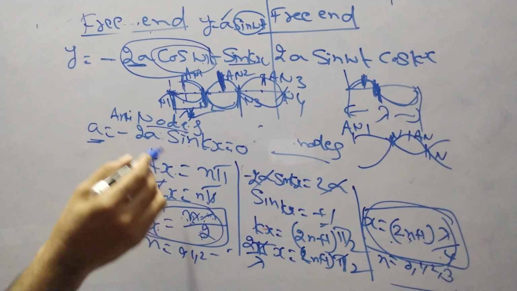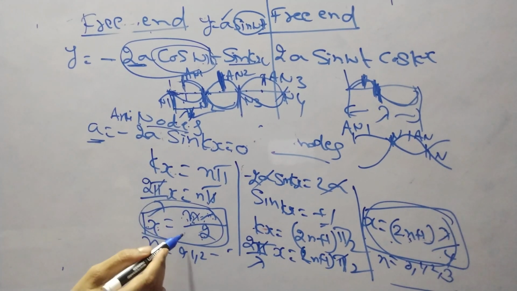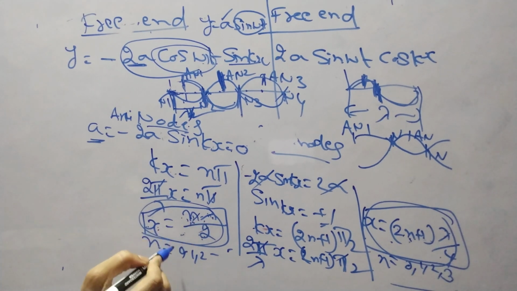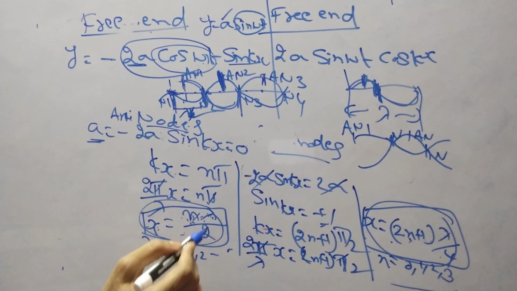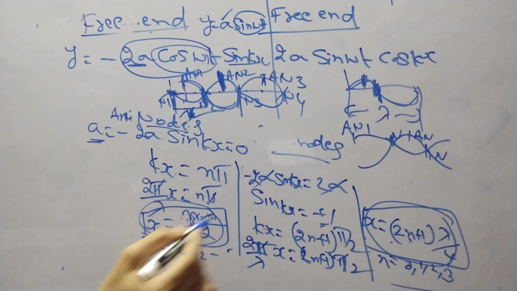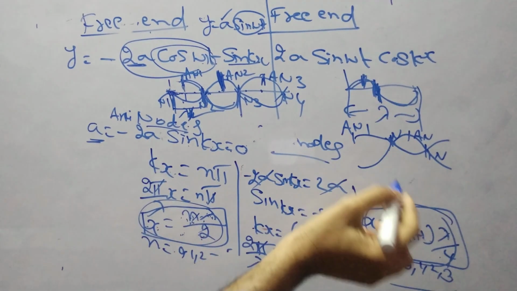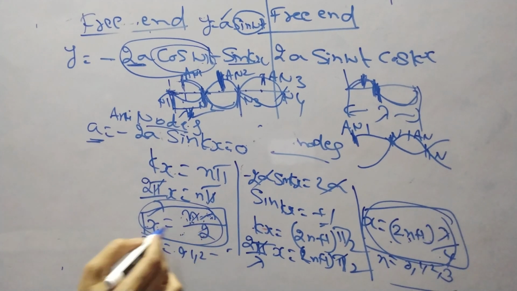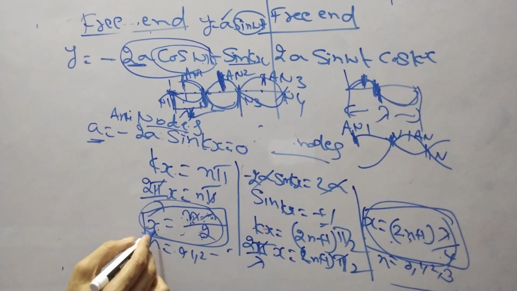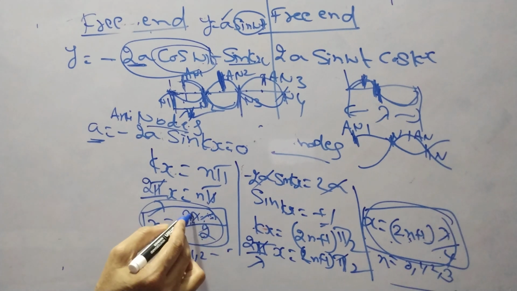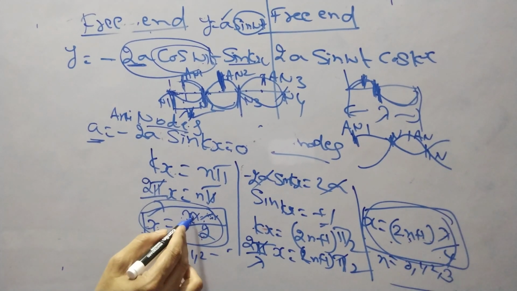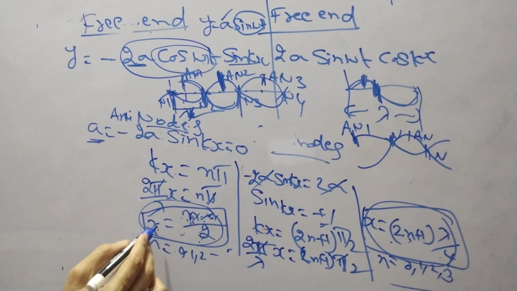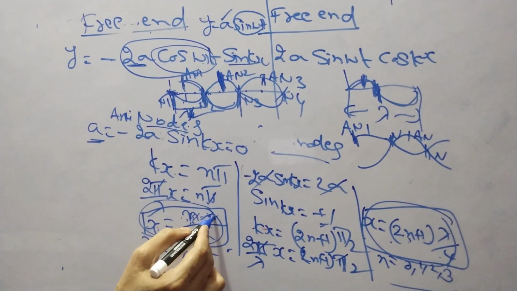Now you can verify. These are the values for antinodes, which previously were node values for the fixed end. For the free end, x equal to n lambda by 2: by putting n equal to 0, you get 0, by putting n equal to 1 you get lambda by 2, and by putting n equal to 2 you get lambda.